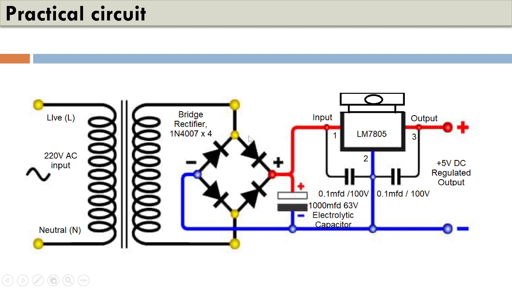After the rectification, we get a pulsating DC at the output, which is again filtered by the capacitor. Usually in practical circuits we use 1000 microfarad, 63 volts. Now the voltage rating again depends on the output voltage that you are expecting.